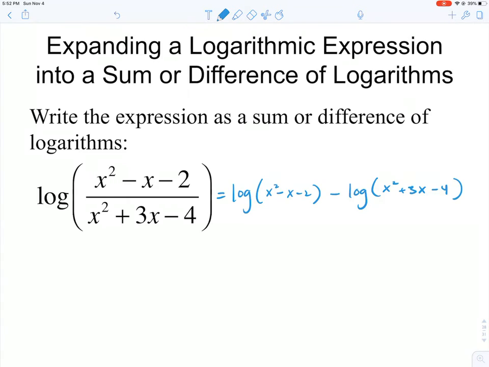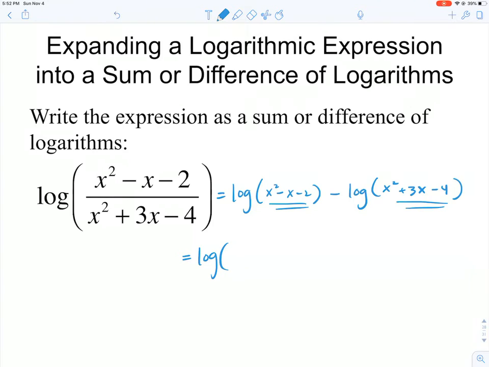Notice that there's no base written, so that means log base 10. We can only do this, well, I guess we only started with one logarithm, so they didn't need to match. Okay, and we can actually go further because we can rewrite each of these arguments as products.